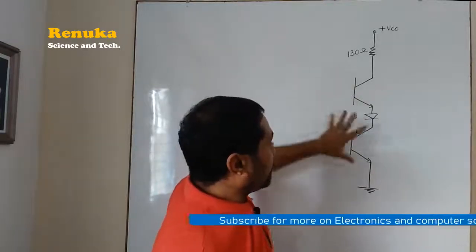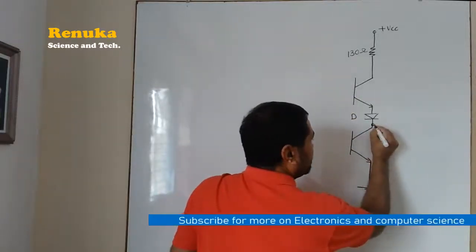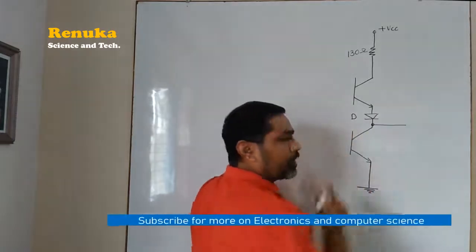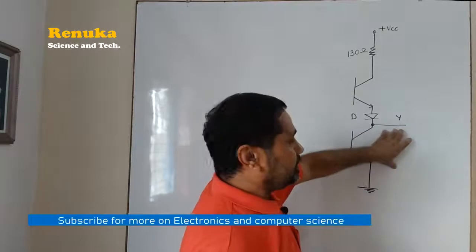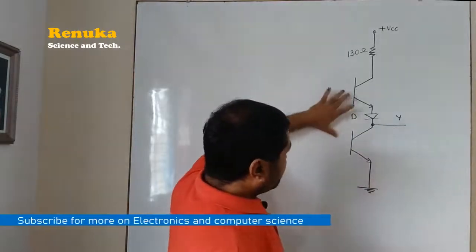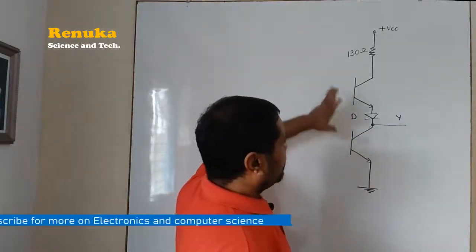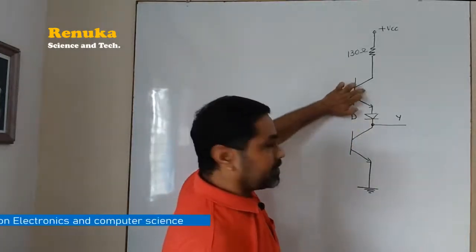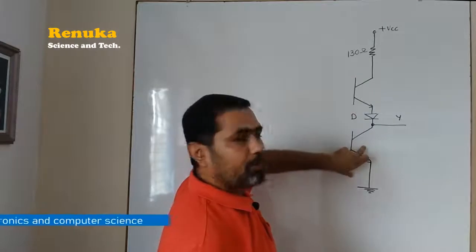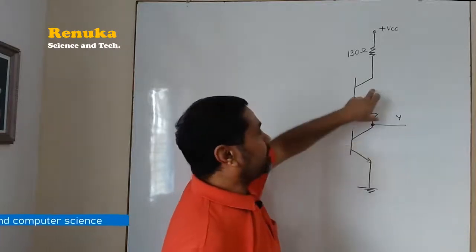The output is taken in between the two transistors. So this is your output. The two transistors are connected in series. The main thing here is that whenever this transistor is on, at the same time this will be off, or this will be on, this will be off.